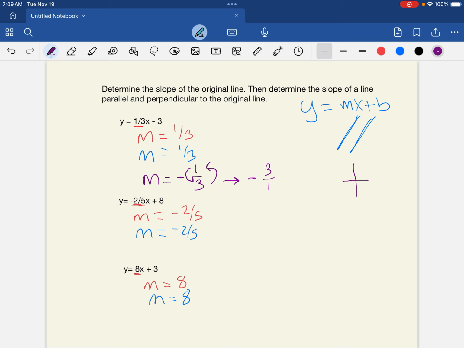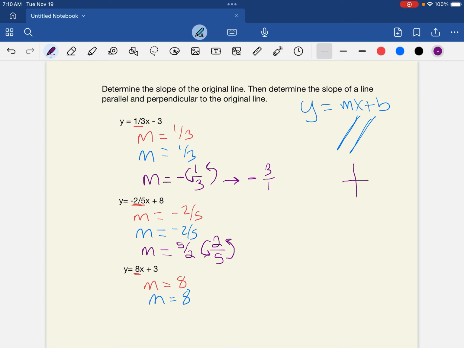For our second equation, I go through the same process. The opposite of -2/5 is positive. Then the number that is in the numerator goes to the denominator, and the number in the denominator goes to the numerator. The opposite reciprocal of -2/5 is 5/2.